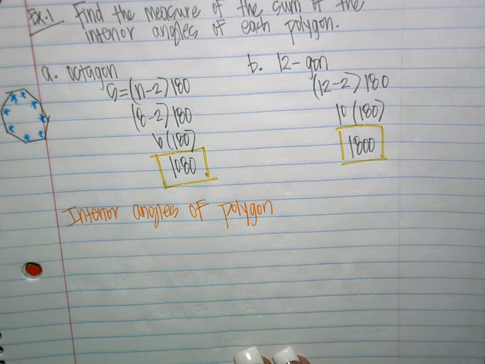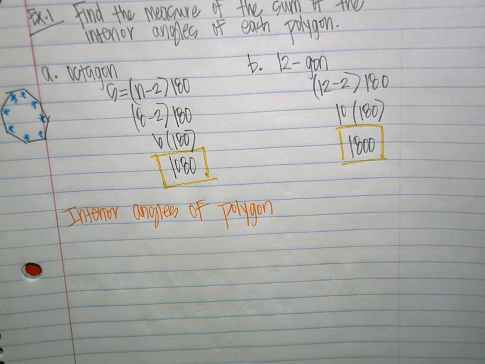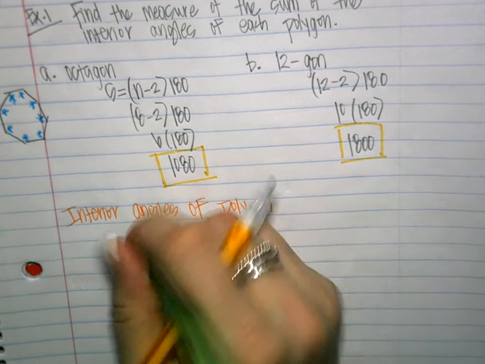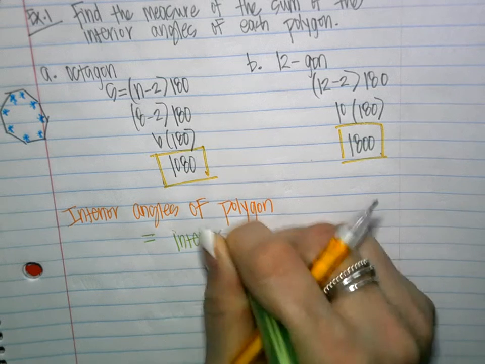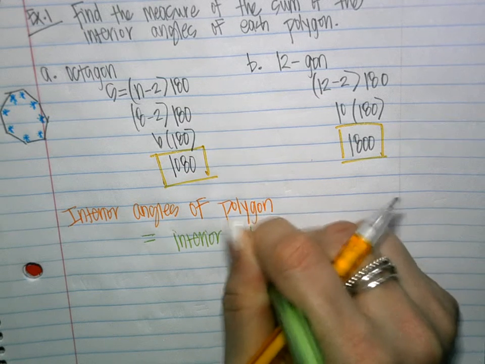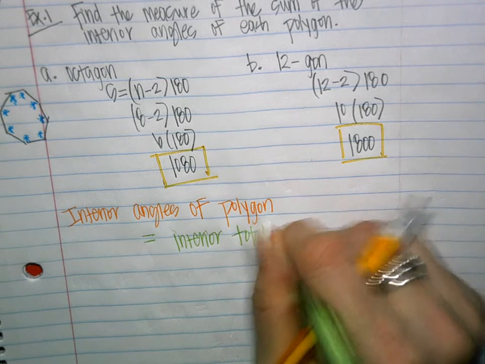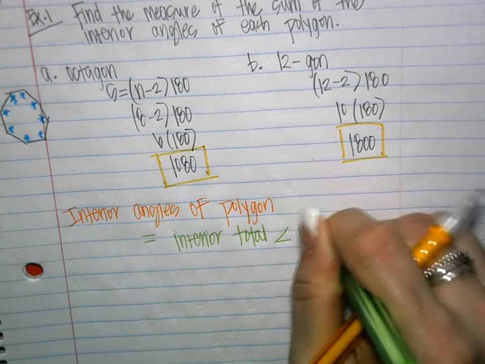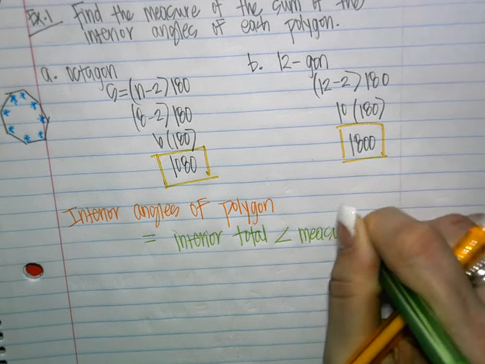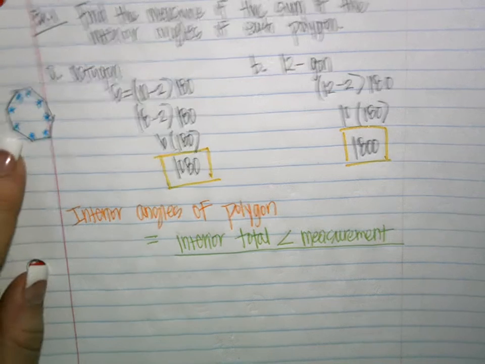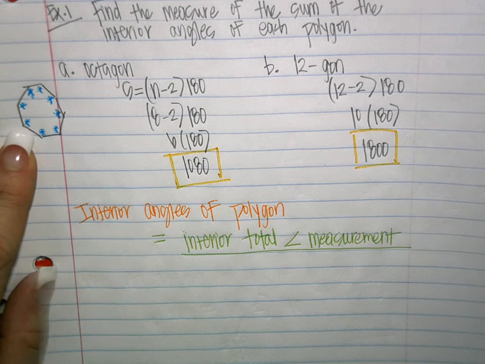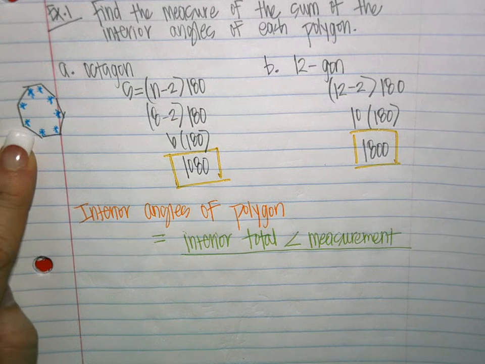What if I asked you for just one of them? The formula you would want to use here uses the interior total, what we just found. For this one, if there are 8 angles inside and I found the total, how would I find each one?